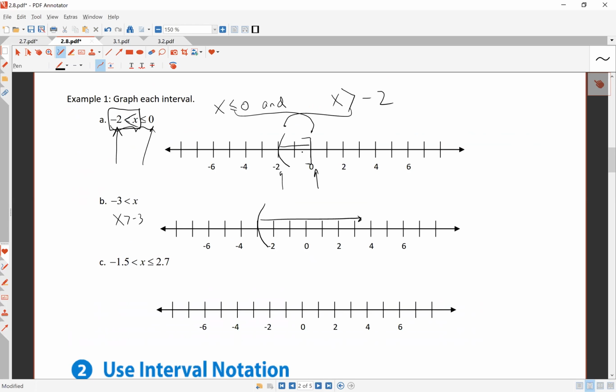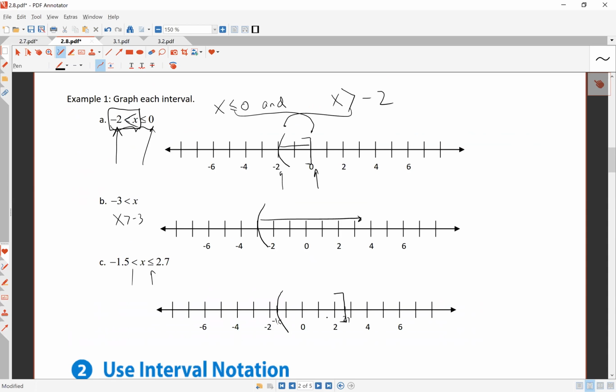So this left-hand point is negative 1.5, and the right-hand is 2.7. Not included is parenthesis. Included is a bracket. Okay, do you follow that?